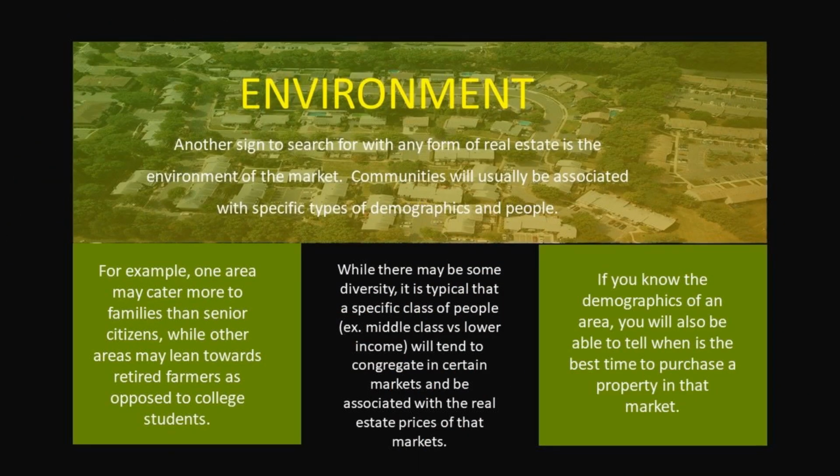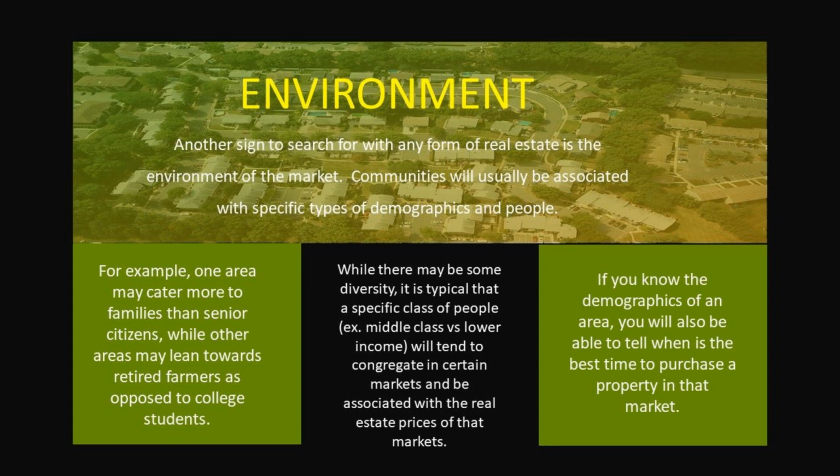Another sign to search for with any form of real estate is the environment of the market. Communities will usually be associated with specific types of demographics and people. For example, one area may cater more to families than senior citizens, while other areas may lean towards retired farmers as opposed to college students.